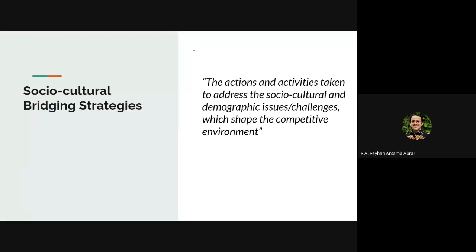The actions and activities taken to address the social, cultural, and demographic issues and challenges which shape the competitive environment can be seen as strategies that are useful in applying institution-based strategies in terms of development. So next, please.